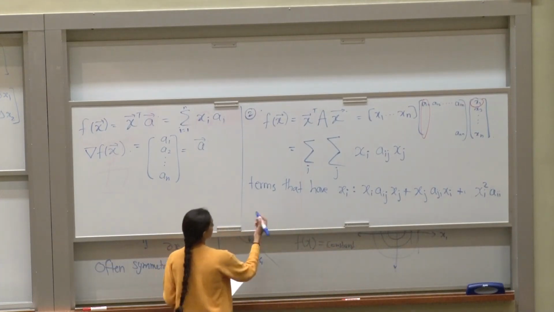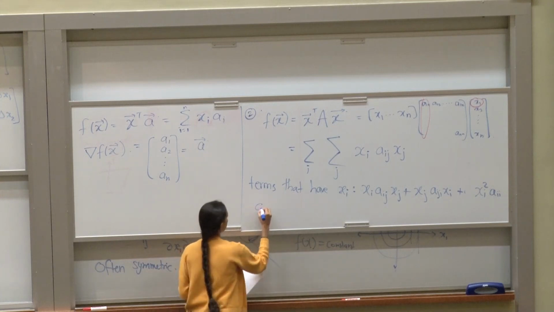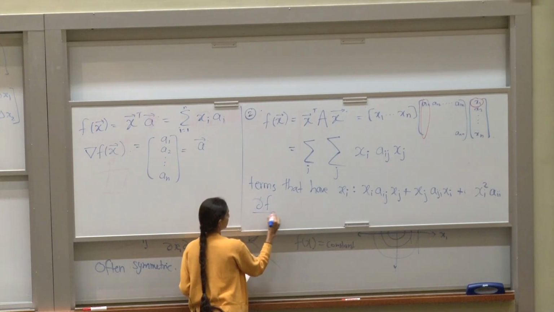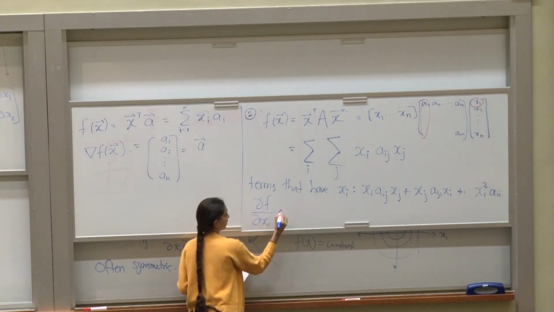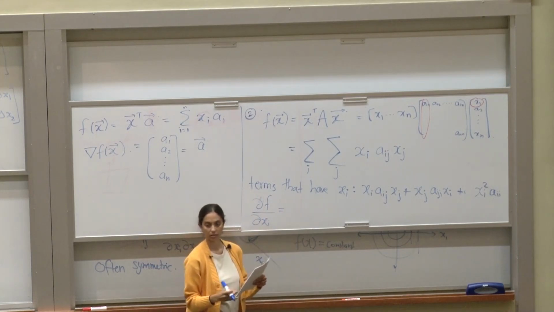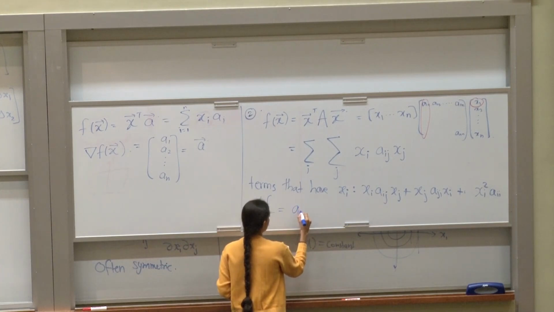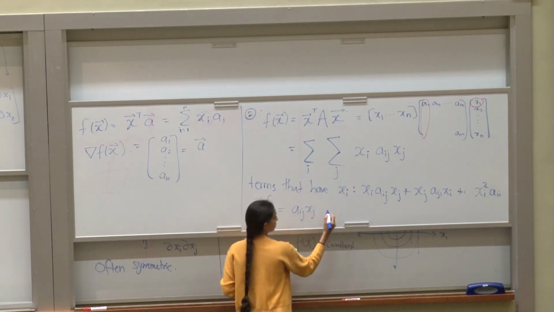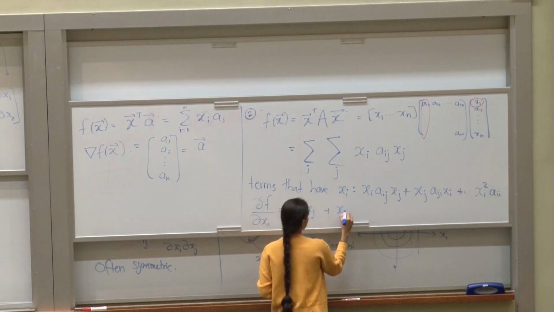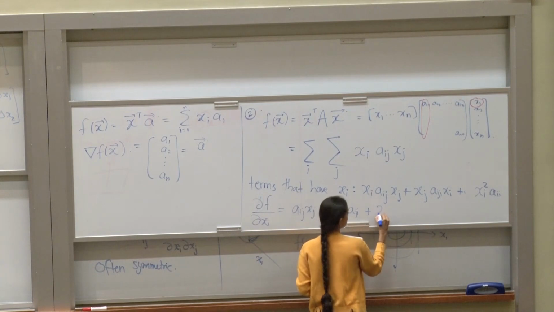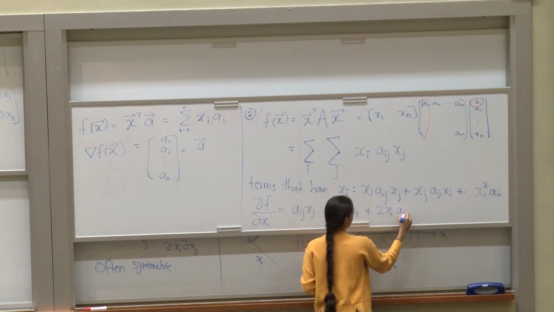So now when I take the partial of f with respect to xi, what am I going to get? This gives me aij xj plus xj aji plus 2 xi aii.